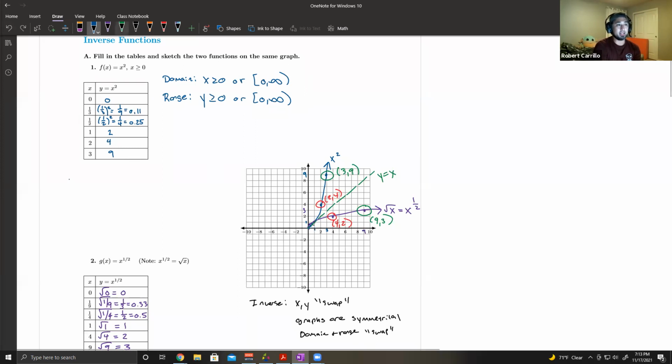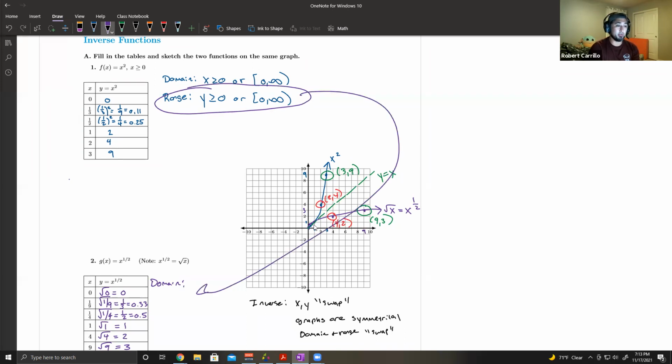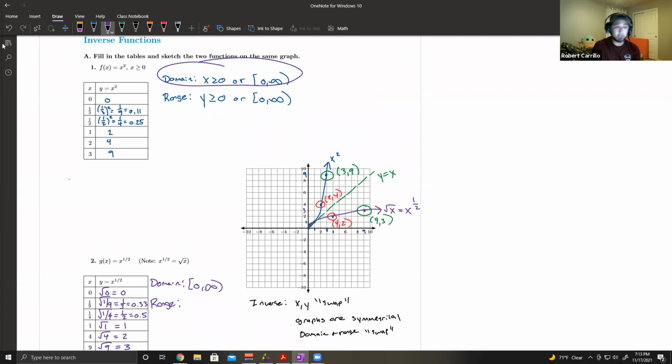So when we look at the domain and range of x to the 1/2, the range of the inverse becomes the domain of the other function. So this means that you would have the domain 0 to infinity, and the domain of the original function or the inverse will become the range of the other function.